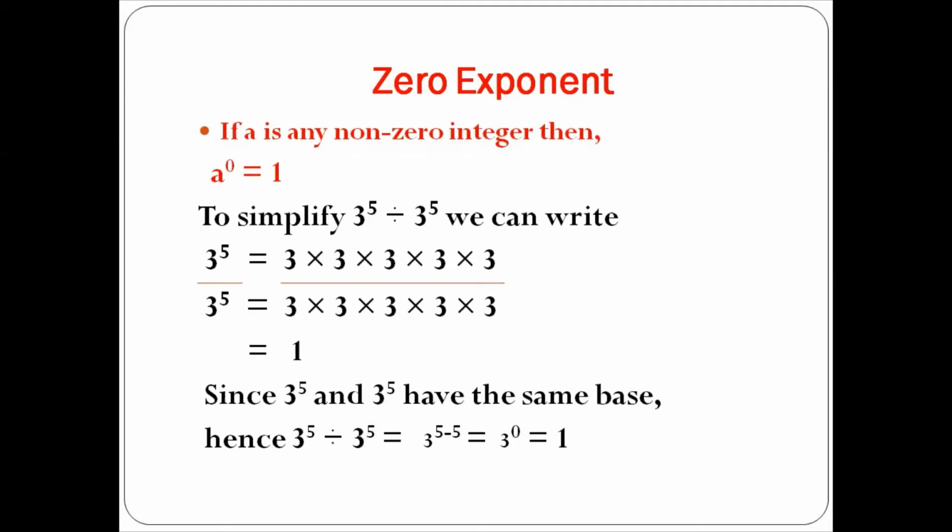Here we subtract the exponents, and so we get the answer 3 raised to 0. And as we already solved this sum, 3 raised to power of 5 divided by 3 raised to power of 5 is equal to 1. So we can say that 3 raised to power of 0 is 1.